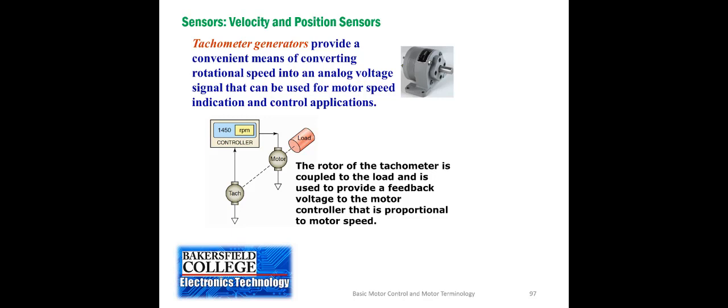So sometimes we buy a motor that has a built-in tachometer or some other type of position and rotation sensor. So in this case, as the motor rotates, the tachometer makes little pulses, and those pulses are then converted into a speed signal that goes back to the controller. That allows the controller to know that the motor is going exactly the speed that it wants it to turn.